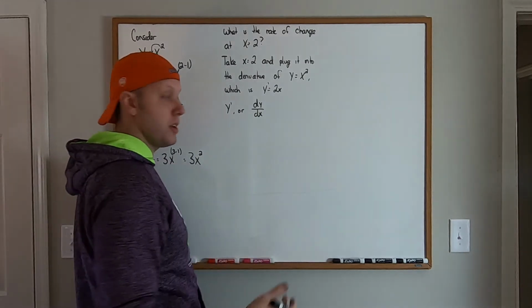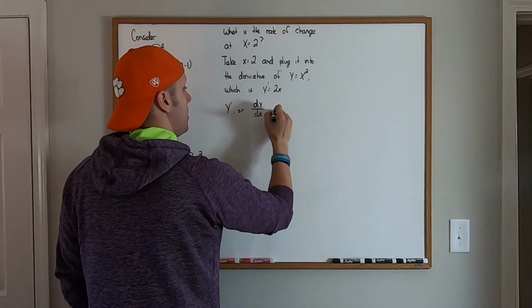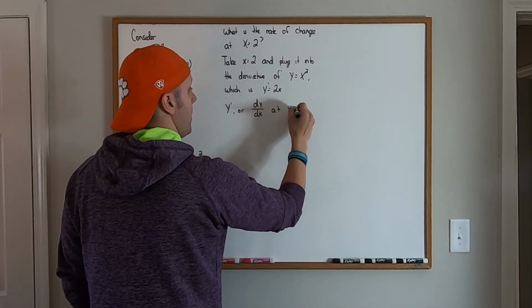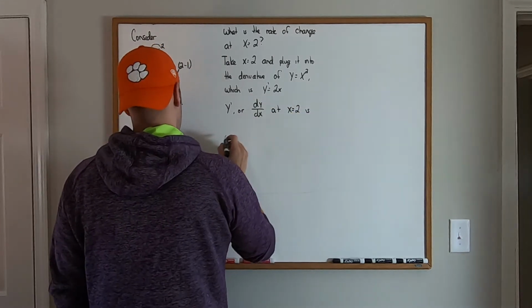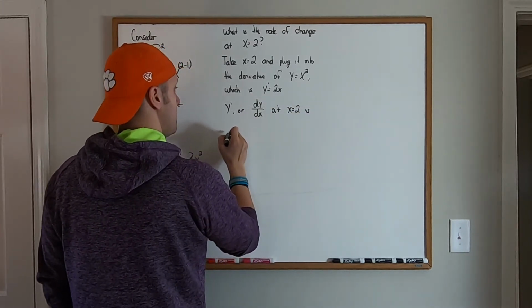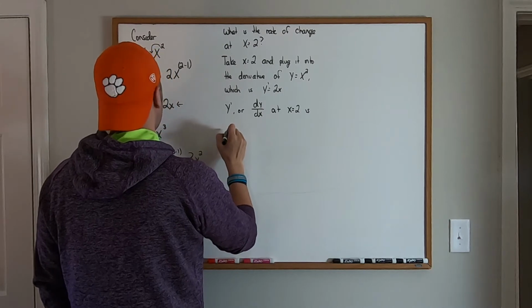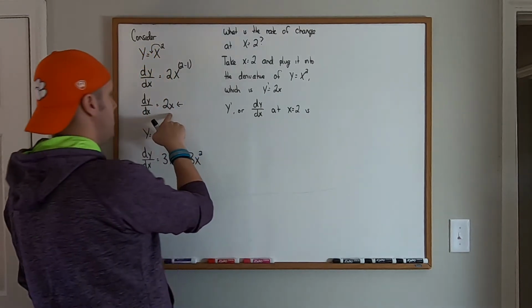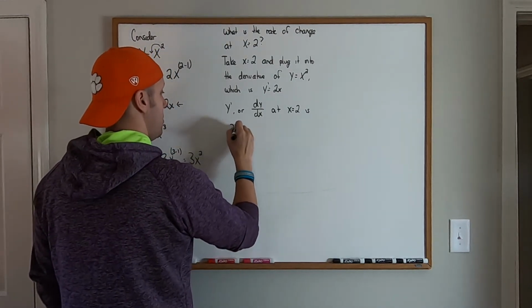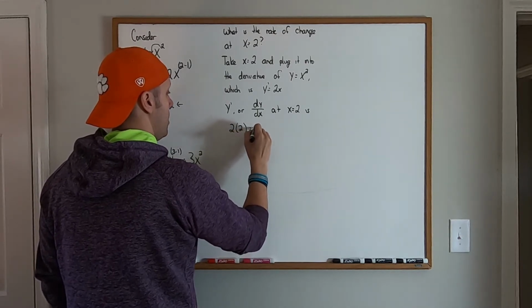We'll see why I prefer dy dx. We plug that into the derivative. So what's the derivative? 2x. So I get 2 times 2 equals 4.